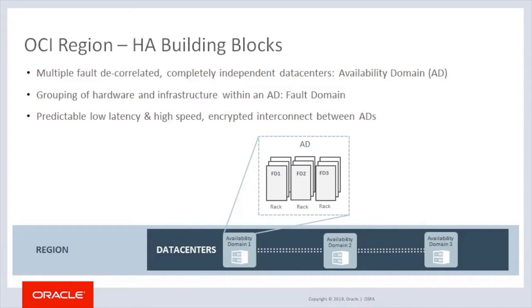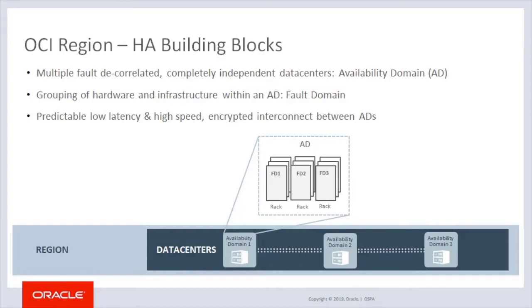Traffic between availability domains and between regions is encrypted. Availability domains are isolated from each other, fault-tolerant, and very unlikely to fail simultaneously. Because availability domains do not share infrastructure such as power or cooling, or the internal availability domain network, a failure at one domain within a region is unlikely to impact the availability of the others within the same region.